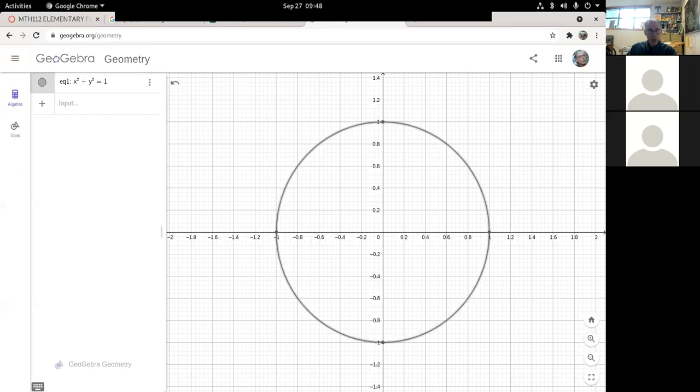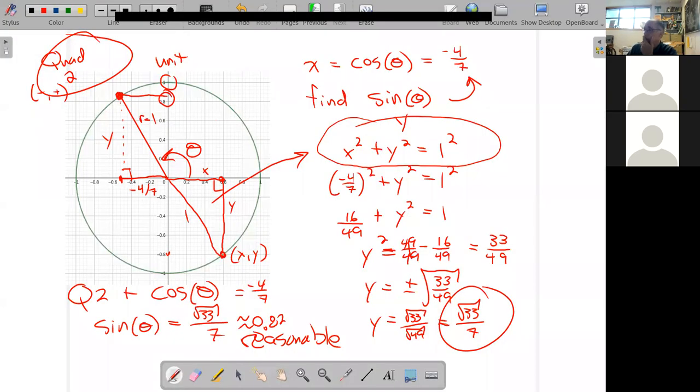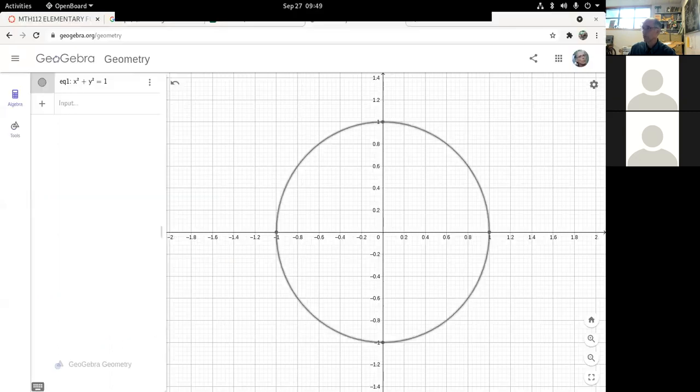Incorporating the other information about this problem, so I was given that the cosine of the angle theta was -4/7, and I know the cosine is the x value. So I want to identify in this graph places where x is -4/7. So I'm just going to enter that into my calculator. So again, I'm checking my work here by graphing it.